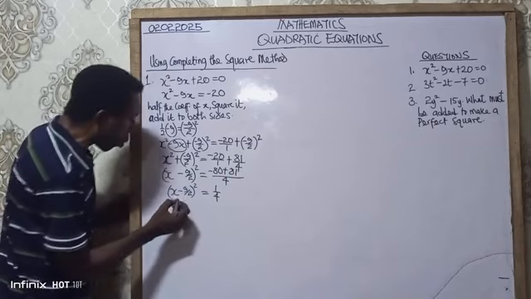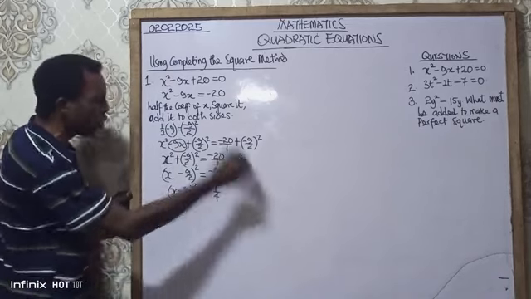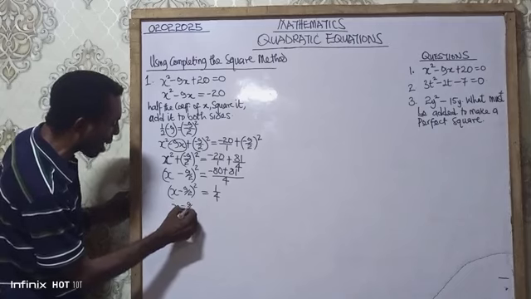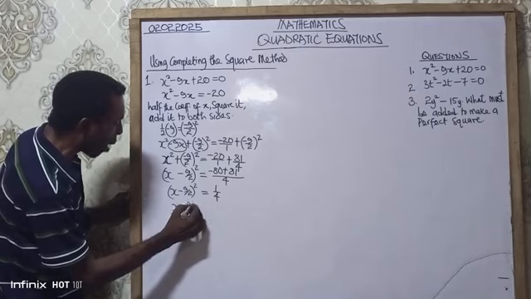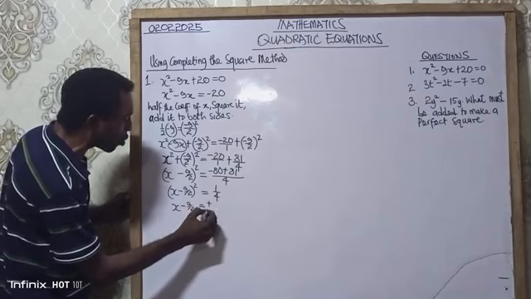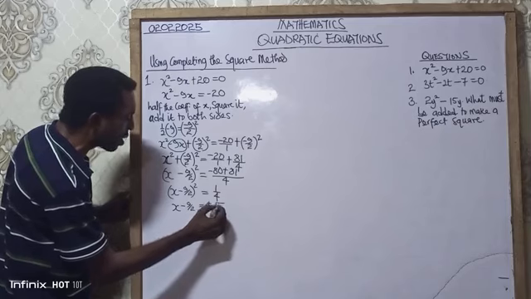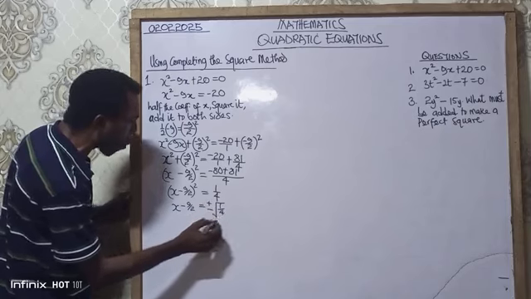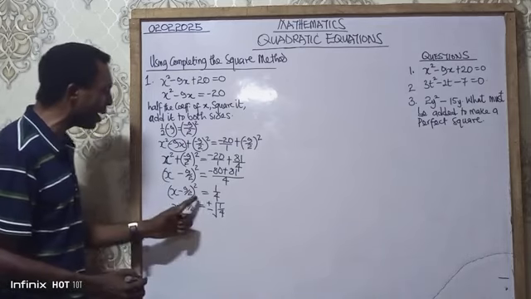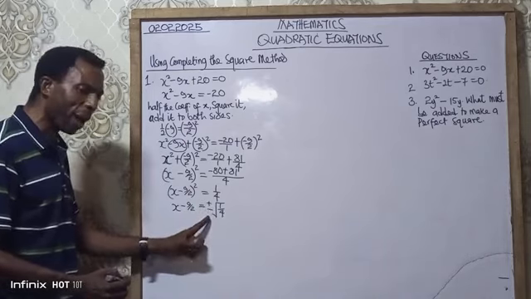The next thing is we want to carry the square to the other side. That will become x minus 9 over 2. Now, you don't need to close the bracket again. That will be plus or minus the square root of 1 over 4. Whenever you have a square carrying to the other side, it will always go with plus or minus.